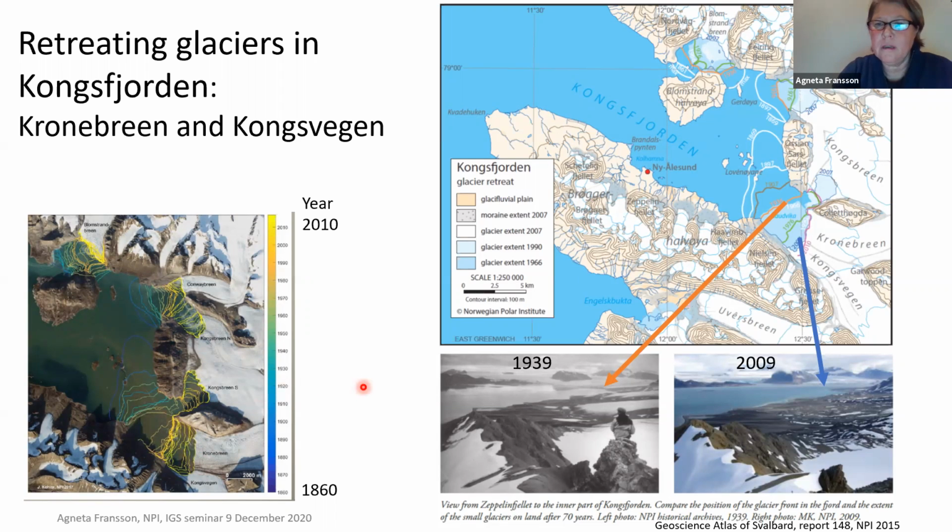If we look at the photographs, the black and white photograph from 1939 is taken from the Zeppelin Mountain, looking towards the Kronebreen. If you compare to 2009, taken at the same spot, you can see the retreat: the glacier has moved in, and loss of ice has occurred.